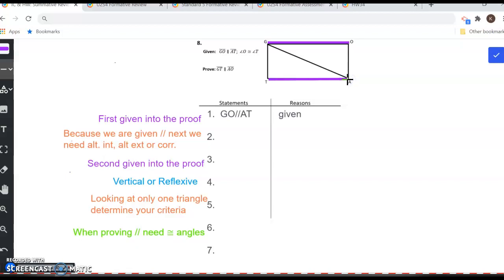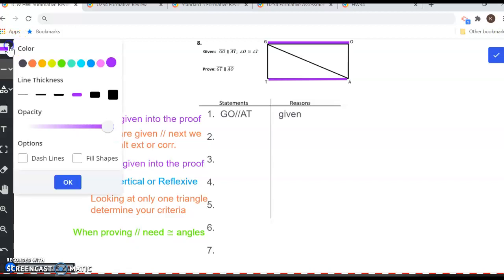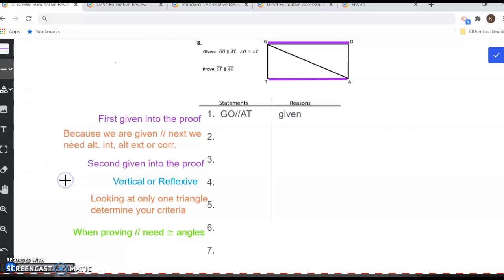So hopefully by now you know, and if you don't, that's okay, that's why you're watching this video. What we need to do for our congruent angles here is start at the line that's parallel and go into the transversal. So if I start down at the parallel line here and go into the transversal, that is my first congruent angle. That angle right there is congruent to, now go up here to the purple line and mark from there down to the transversal, and that is my second congruent angle.